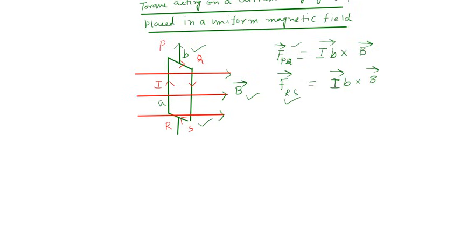They both must be equal and opposite and they also must have the same line of action. As you can see, they are acting along the same line, so they will not produce any torque.